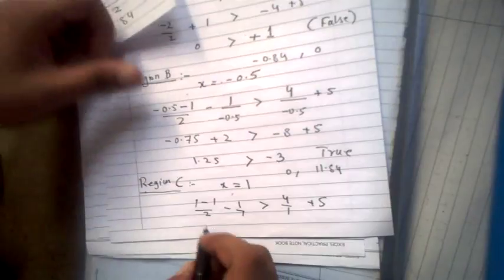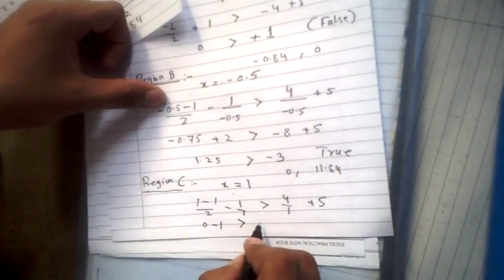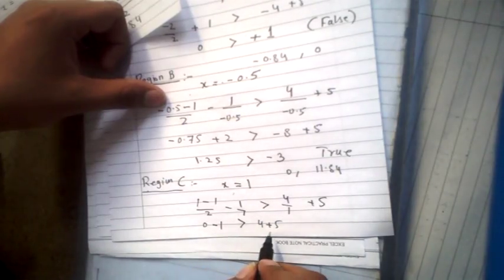The answer to this is 0 minus 1, which is greater than 4 plus 5. This is minus 1 and this is 9, which is not true, false. Therefore, the region C is also not in the solution region.